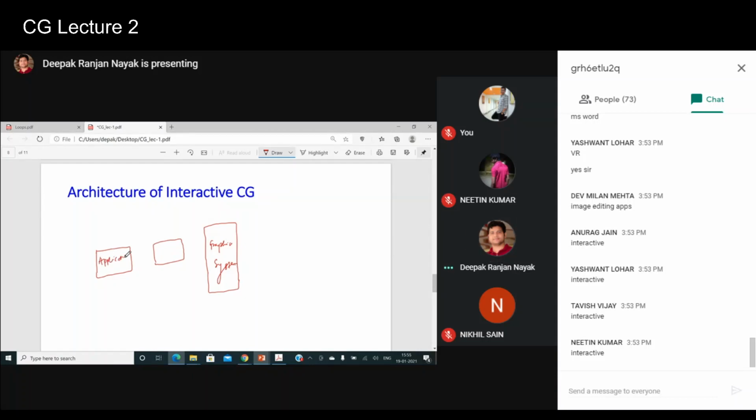Application model, application program, and here we have some display devices.